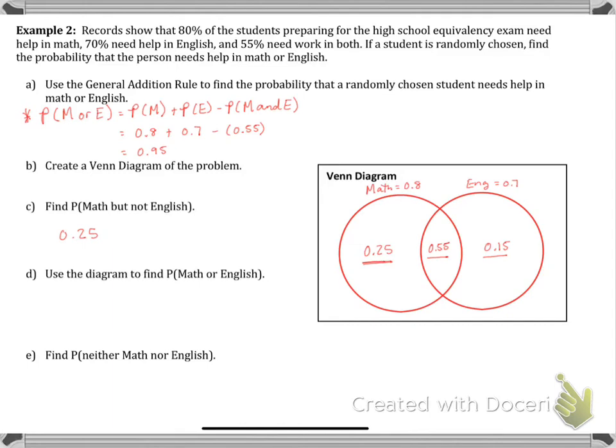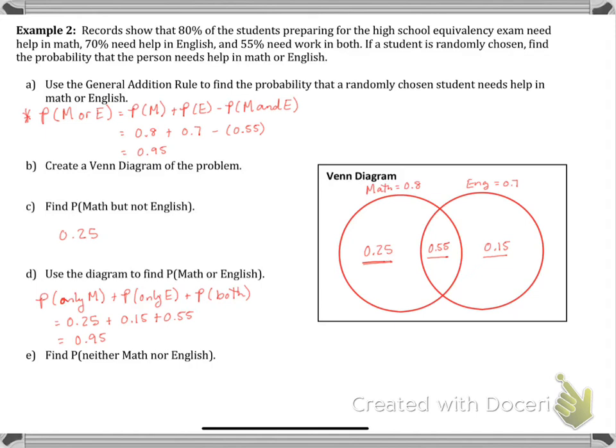So if we find the probability of a student only needing help in math, we can add that to the probability that they only need help in English, and add that to the probability that they need help in both. And if you'll take the 0.25 plus 0.15 plus 0.55, you again, just like in part A, get 0.95.